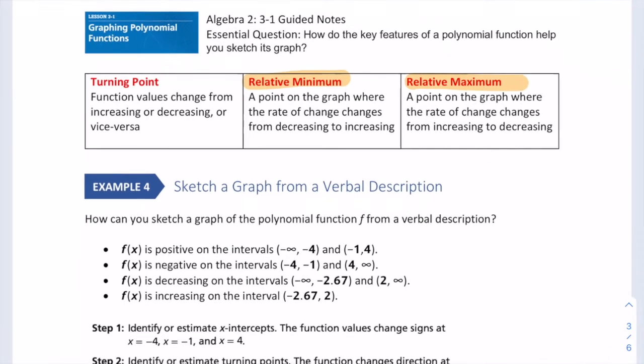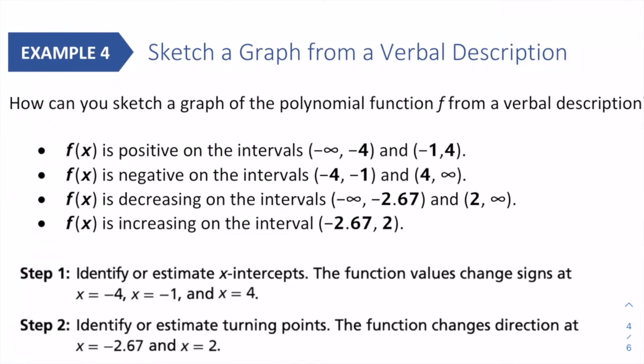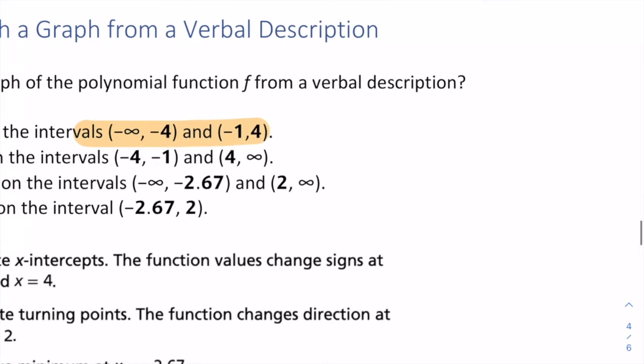For example 4, we're going to graph or sketch this graph based on a verbal description. It's telling us that the function is going to be positive from -infinity to -4, and then 1 to 4. What's really important is that, remember, these are all the values for the x, so we want to make sure that we put them on the graph.